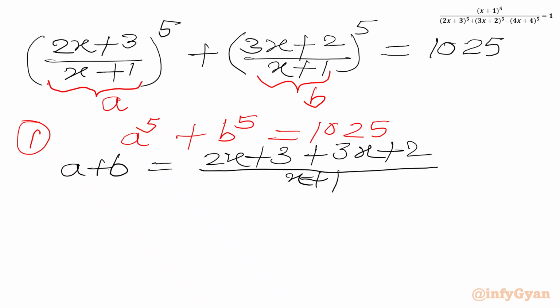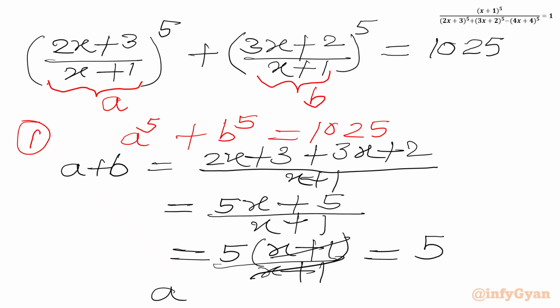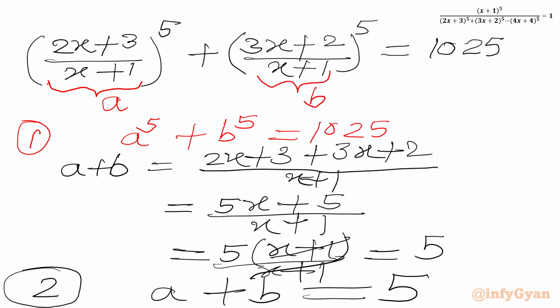So 2x plus 3x is 5x, 3 plus 2 is 5. We will take 5 common, so in the bracket we can write x plus 1. The denominator is also x plus 1. We will cancel x plus 1 from numerator and denominator, and we get our second equation: A plus B equal to 5. This is our equation number 2.